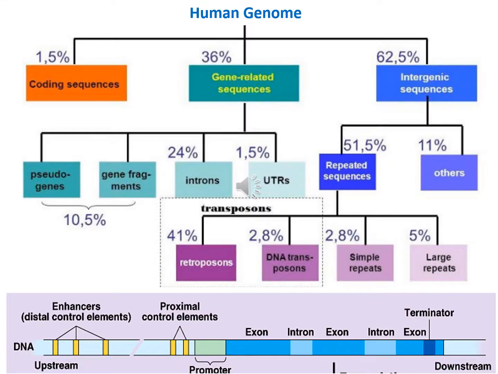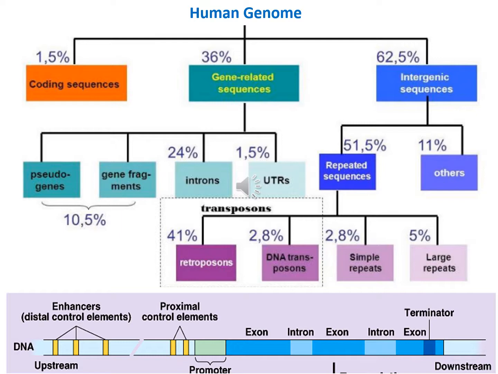Let's look at the eukaryotic genome in a little bit more detail. And here again we have the human genome. 1.5% of the human genome is coding sequences. But if you look at the non-coding sequences, some of them are associated with genes. We already said some of these non-coding regions are pseudogenes. Other than pseudogenes, you find some non-coding regions associated with genes.